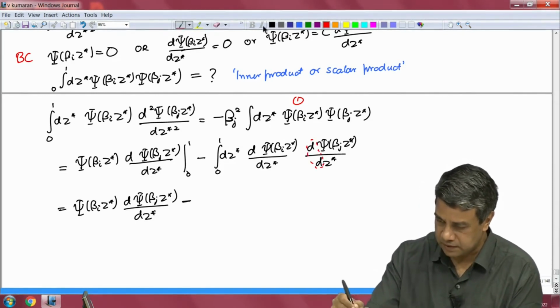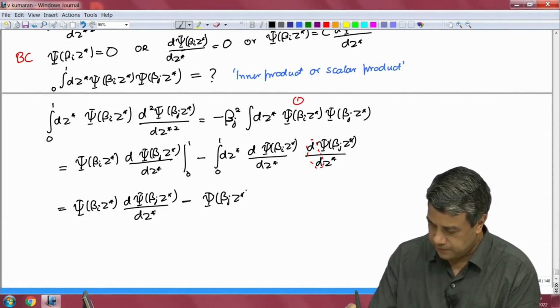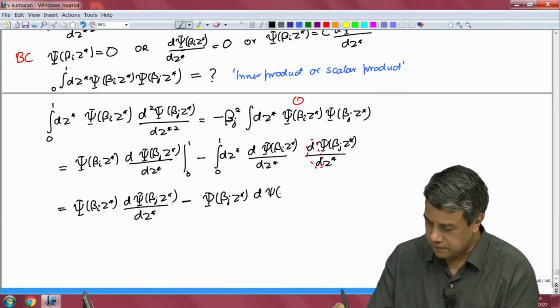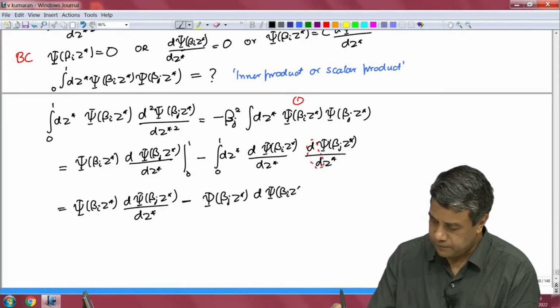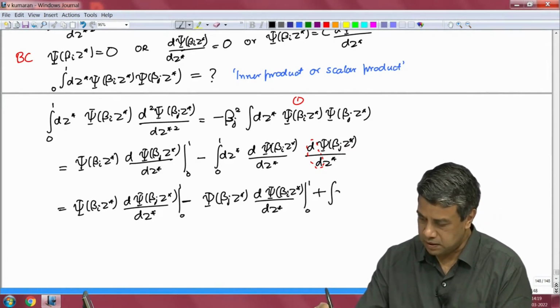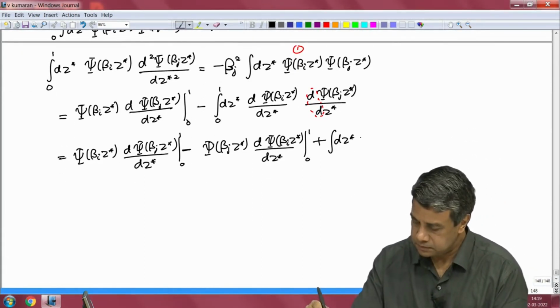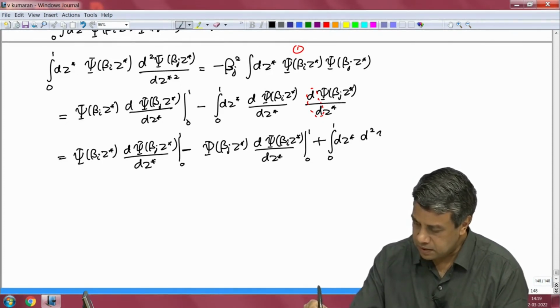So, I will get minus psi of beta j z star d psi of beta i, between 0 and 1, plus the integral dz star between 0 and 1 of d square psi of beta i z.